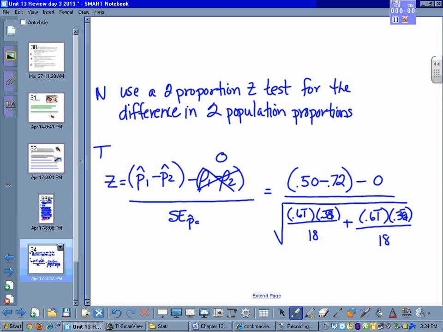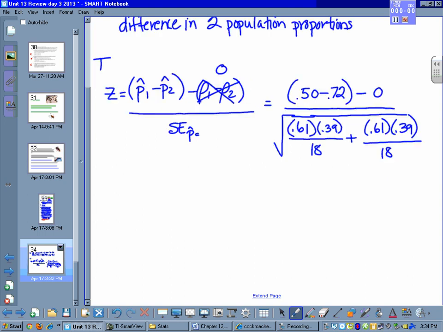If I just round it to 0.61, which I probably should do, let's just do that. I'll erase that and try that again. 0.61 times 0.39 over 18 plus 0.61 times 0.39 over 18. And those 18s aren't always the same number. Many times we can tell we're in the two sample world because our sample sizes do not match up.